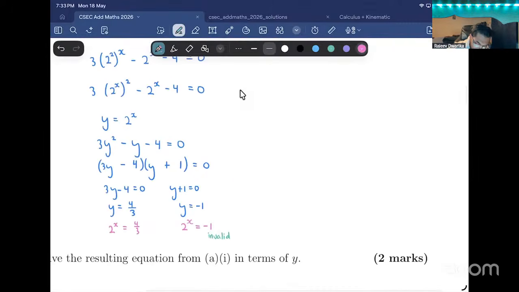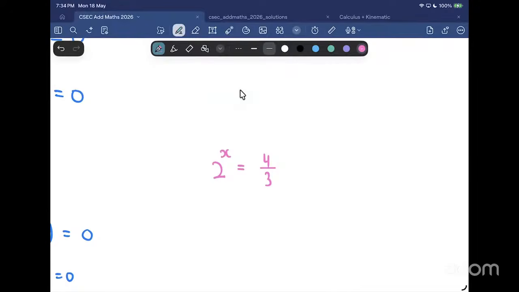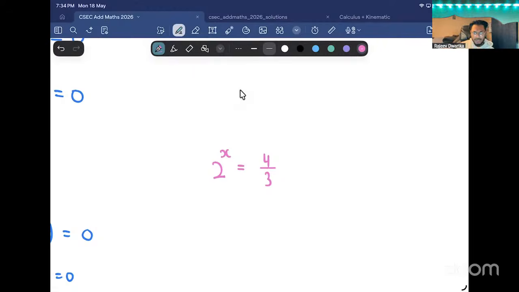So we are left with 2 to the x is equal to 4 by 3. To solve for this, since our unknown is our power, what do I have to do? If we're trying to solve for something, we don't want it to be a power at all, so you need to bring it down to the side.